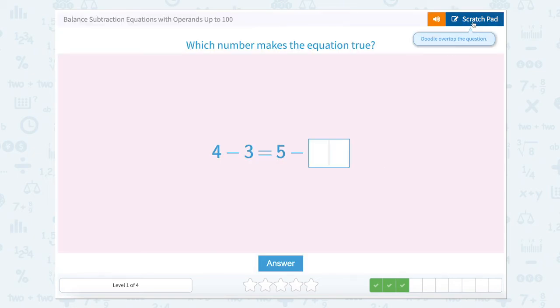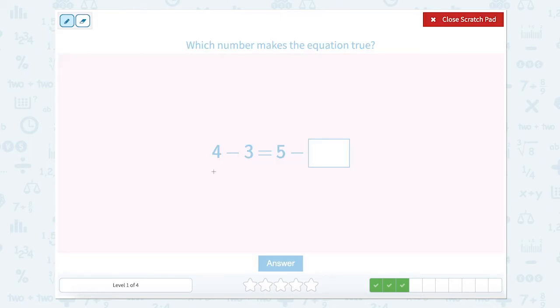Super! Now let's open up that scratch pad to figure out which number makes this equation true. We have 4 minus 3 on this side and 5 minus something on this side. So let's solve 4 minus 3. 4 minus 3 equals 1. So 1 equals 5 minus something.